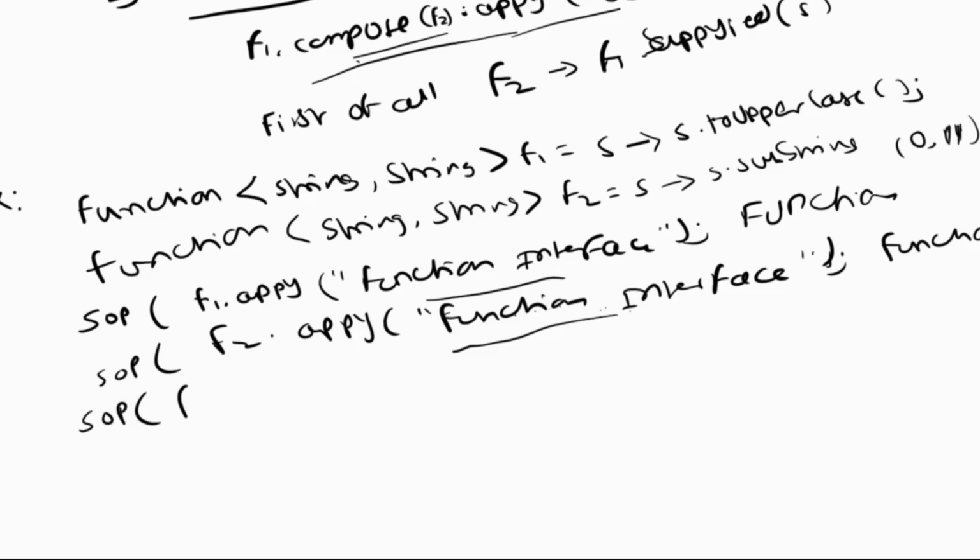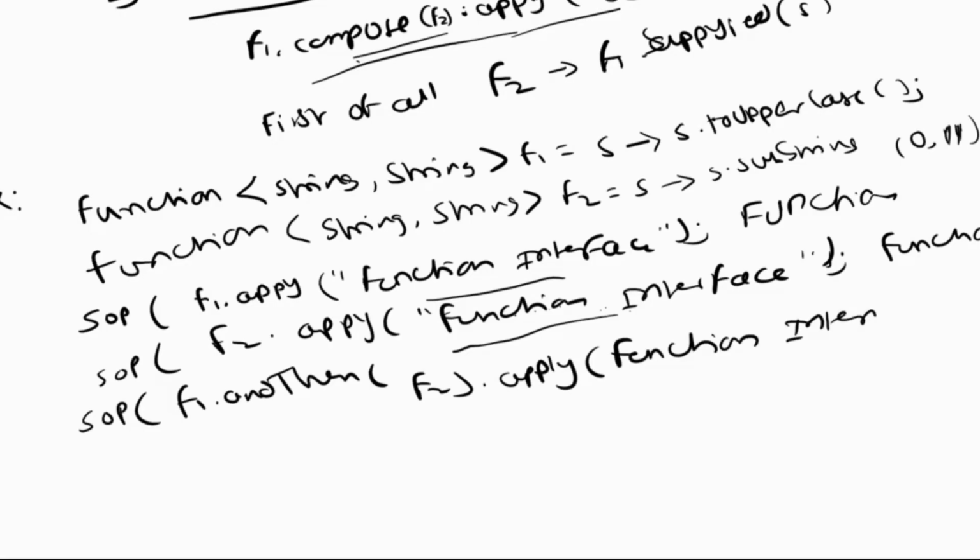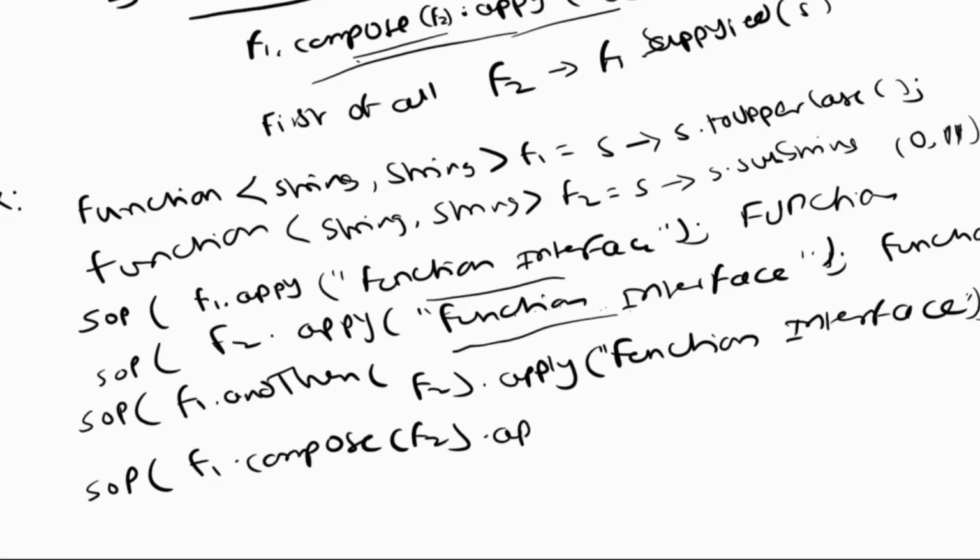Now let me implement chaining. SOP F1.andThen(F2).apply on functional interface. Awesome. Now SOP of F1.compose(F2).apply on functional interface.